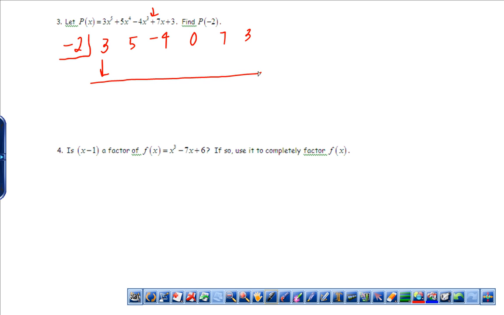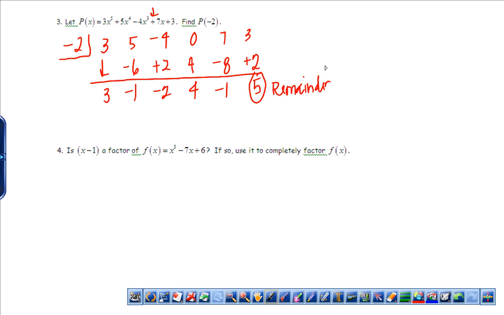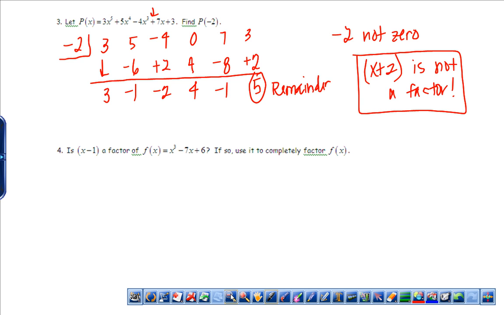Bring your 3 down. This is your remainder. Okay. It says find p of negative 2. So basically what I'm saying is that since this is not 0, x plus 2 is not a factor.